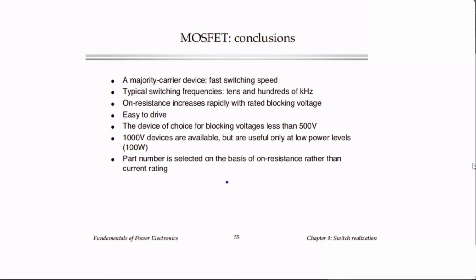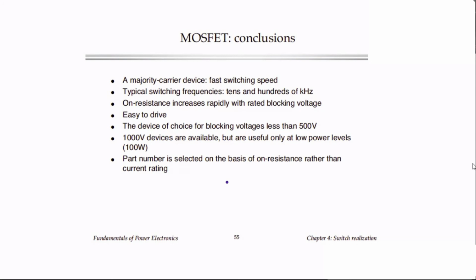The bad news though is that on resistance increases rapidly with the rated voltage, because these are majority carrier devices and don't have conductivity modulation. So we have good super junction MOSFETs at 600 volts, but we can't go much higher than that because the on resistance has increased too much to where it's not economical to use the device.